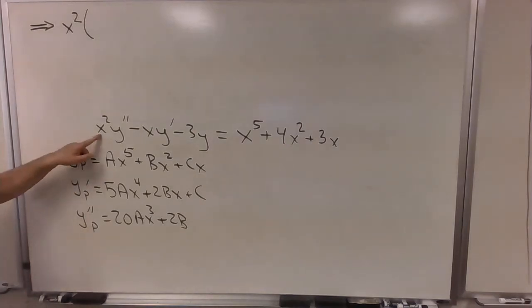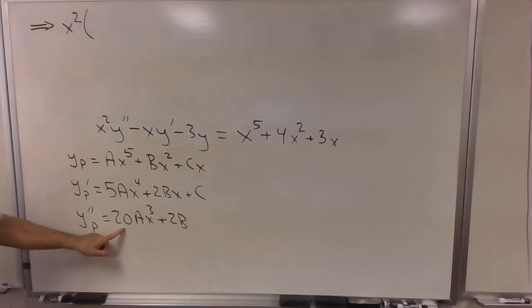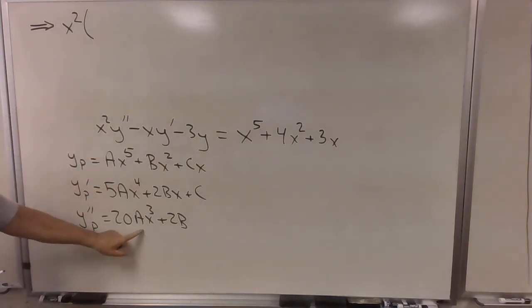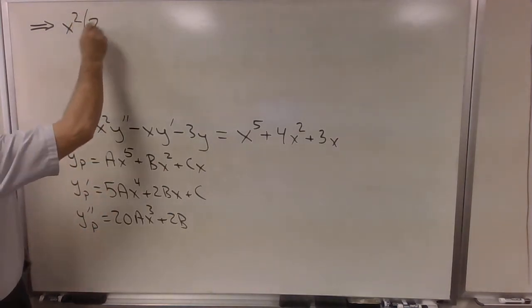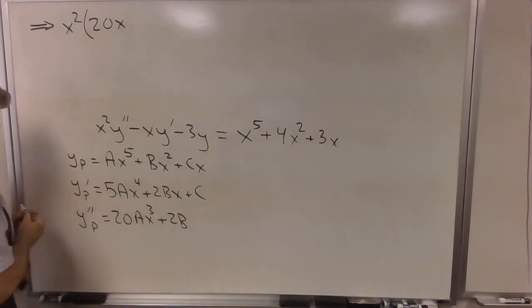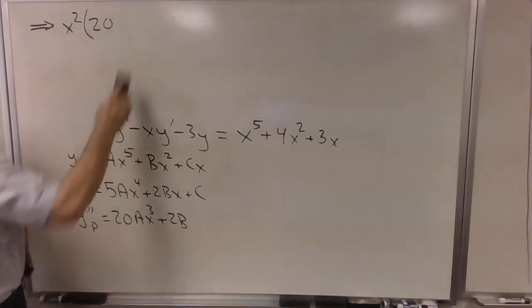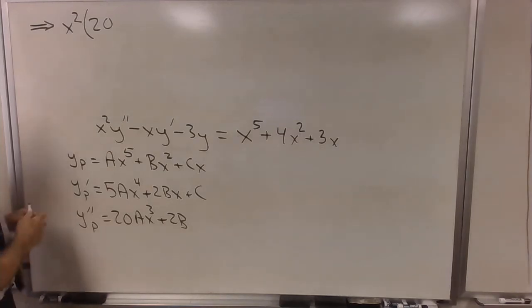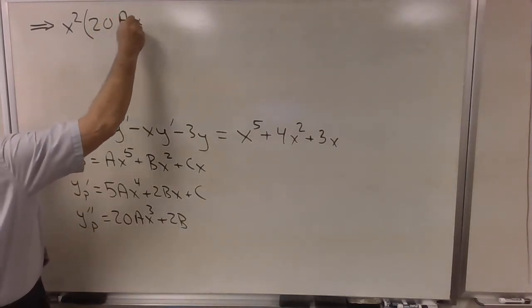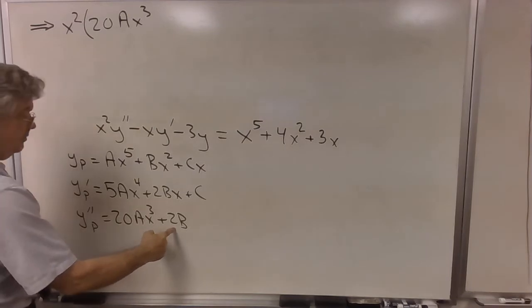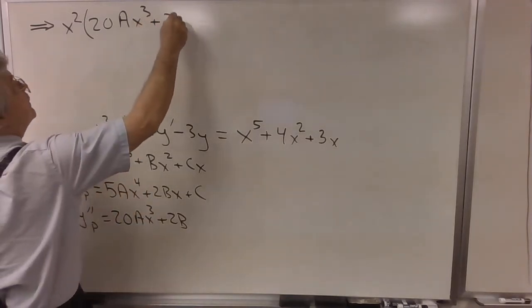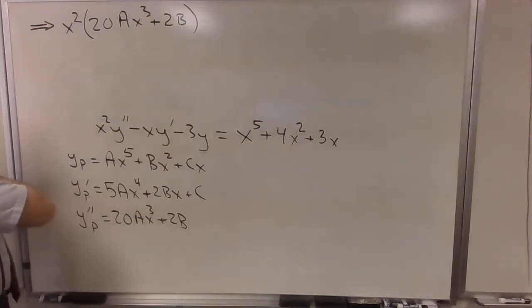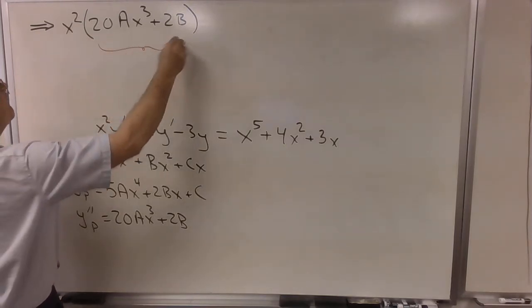So we have x squared times y double prime. So we put y double prime here, 20Ax cubed plus 2B. And again, that is our y double prime.